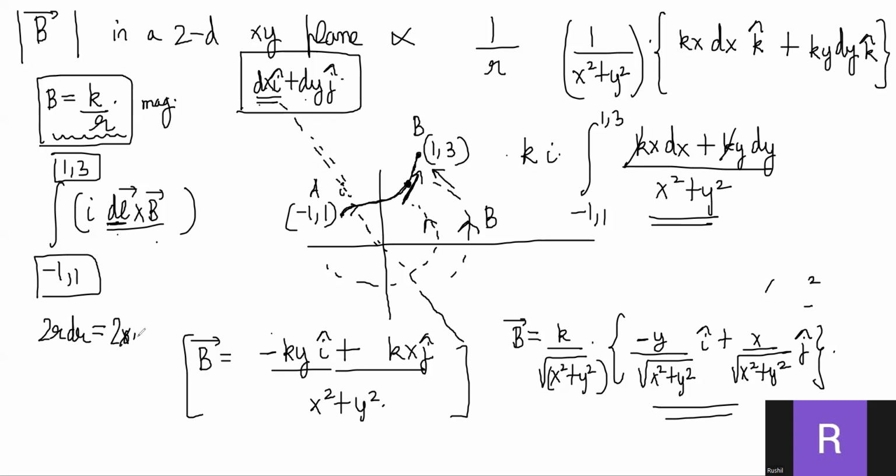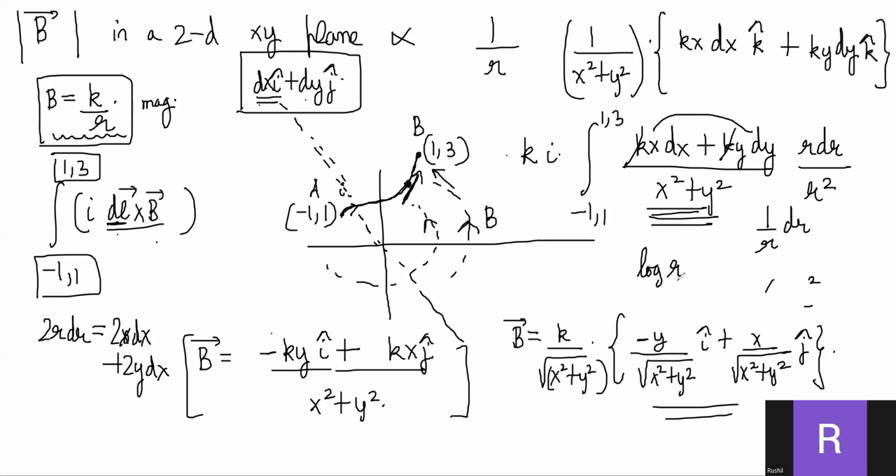So on top you get r dr, by r square at the bottom. 1 by r dr is coming, the integral is log r, evaluated from the r values at these two points.